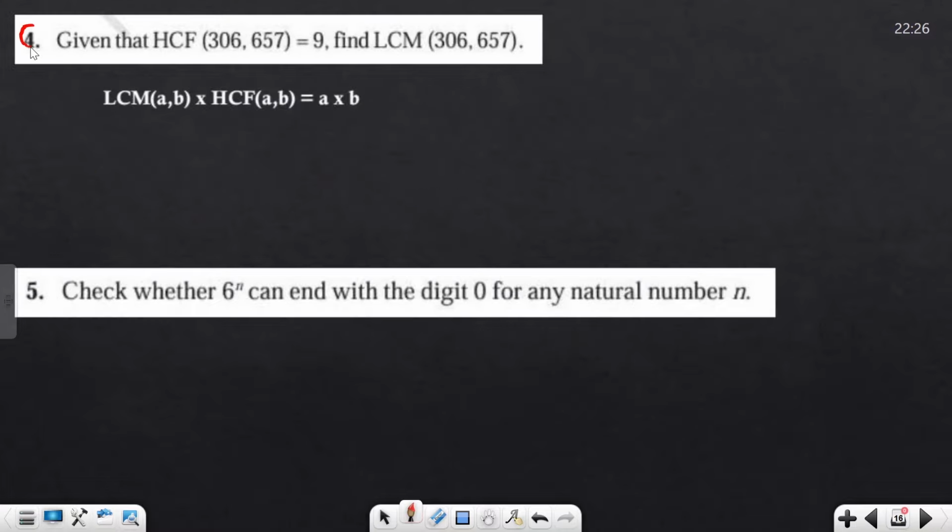Now question number 4, Exercise 1.1. HCF of two numbers is 9. Find the LCM.